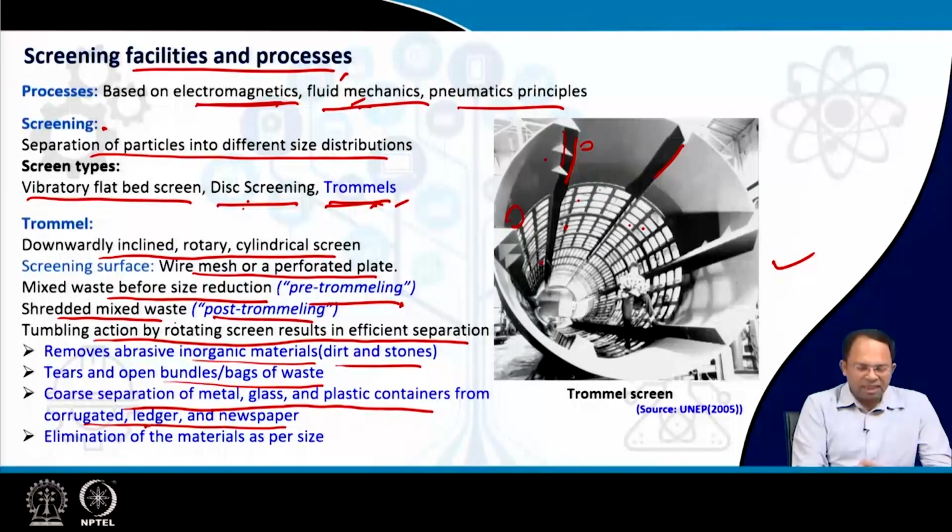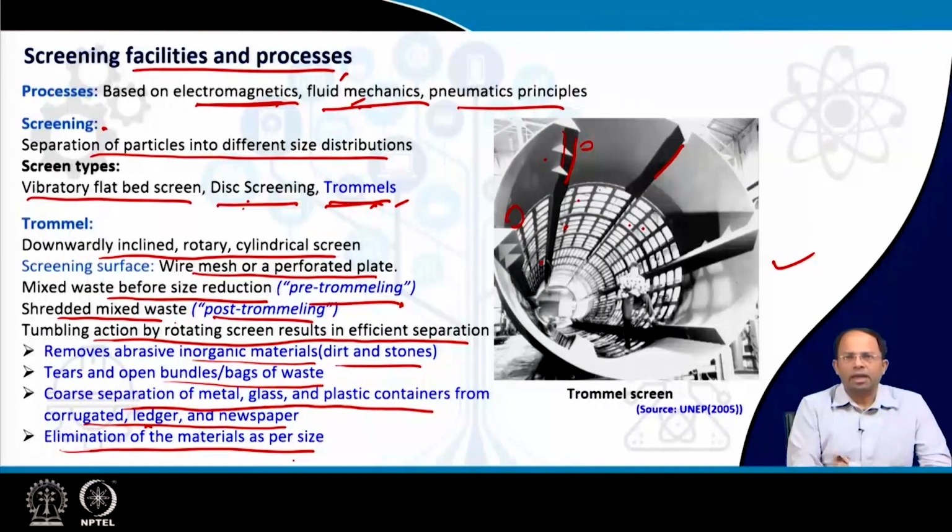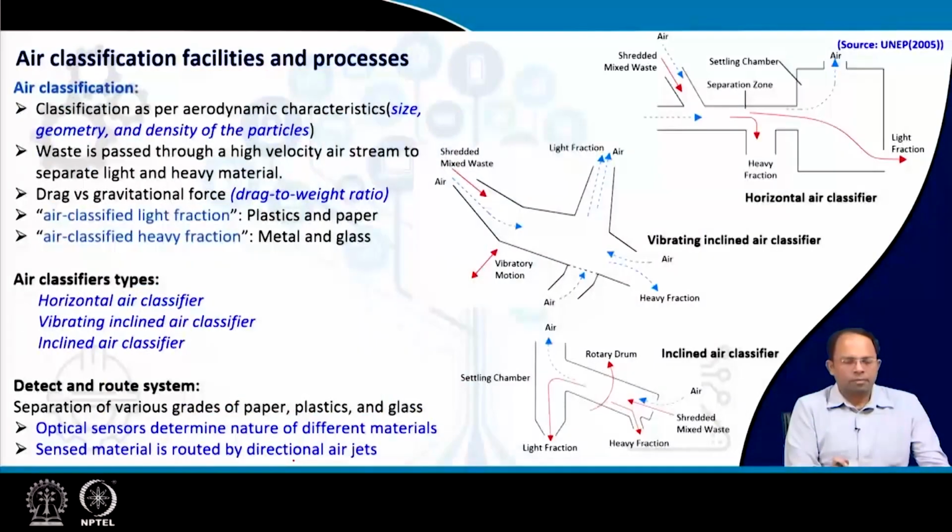So this ledger, newspapers and all go into one side based on sizes, whereas glass, metal, plastic containers as per their size go into another side, and remain inside the trommel or go outside the trommel depending on what design we have done. So we eliminate material as per size. So it's basically a screening procedure based on size of materials, but it still doesn't understand what category of materials that has to be taken up in subsequent stages.